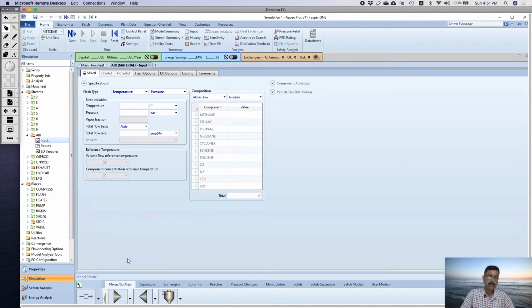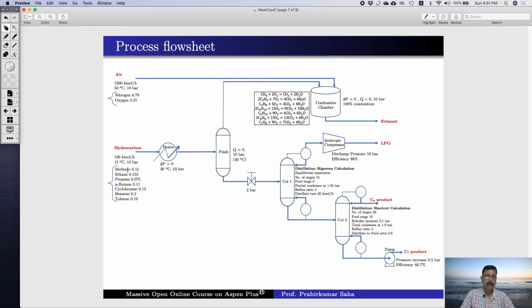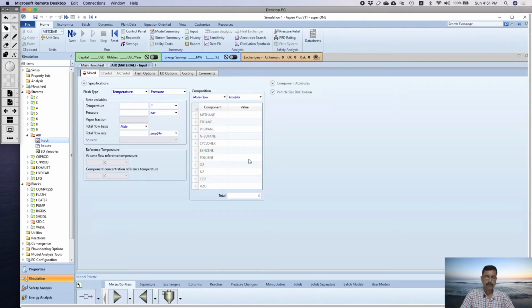Yes, now you can see the extra components have been added. Now as we know that air contains nitrogen and oxygen, 79 and 21%. So nitrogen will be 0.79 mole fraction, and oxygen will be 0.21 mole fraction, which will add up to 1 mole.